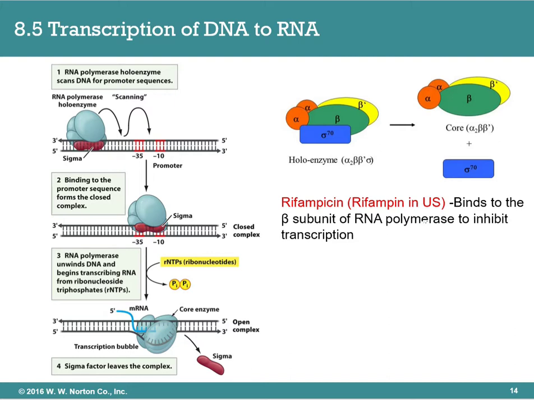So there's rifampin. This medication inhibits a certain subunit of RNA polymerase, interfering with it and not allowing it to make mRNA for the bacteria.